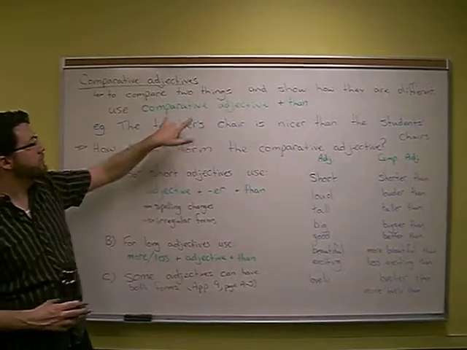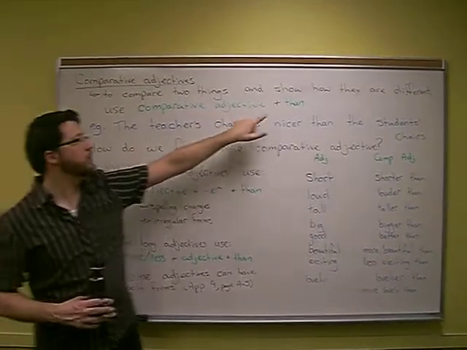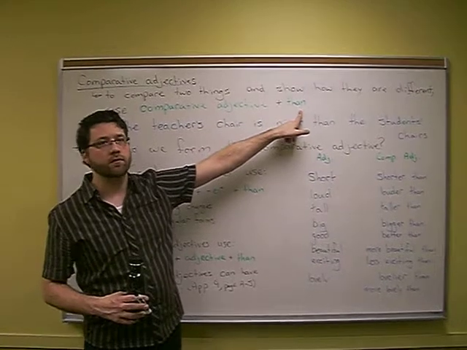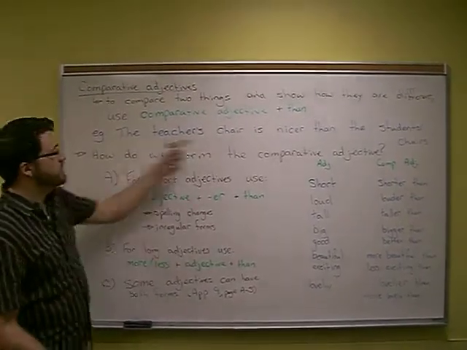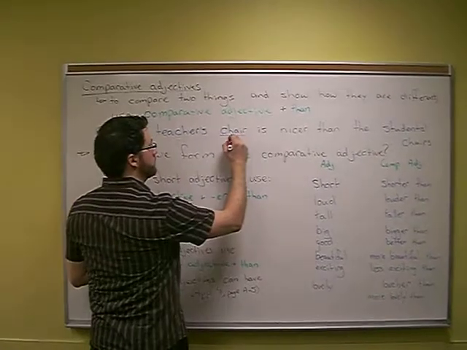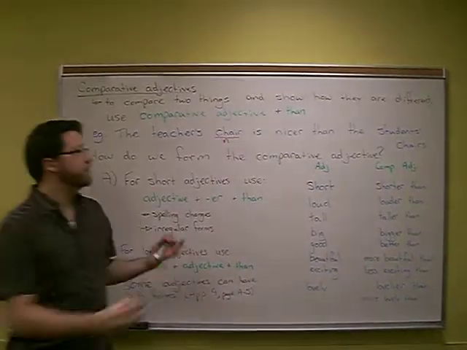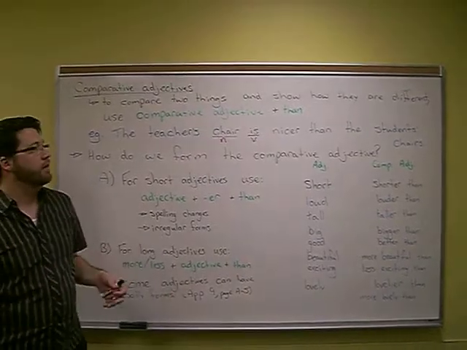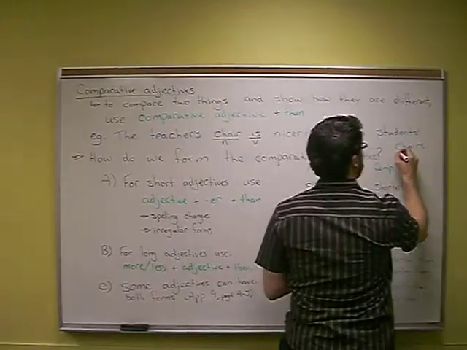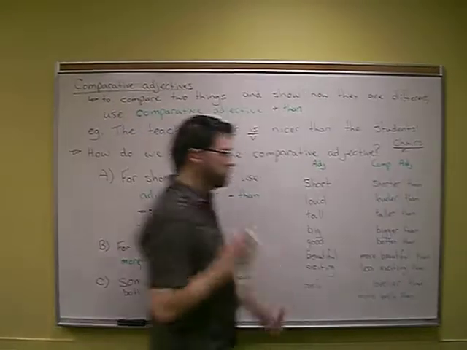And the form that we use is comparative adjective plus than. So, for example, the teacher's chair, which is our noun, is nicer than the students' chairs. Okay.